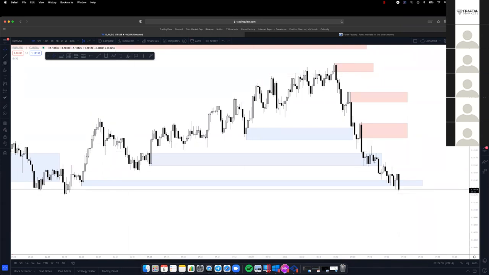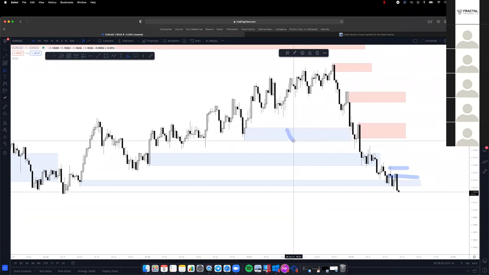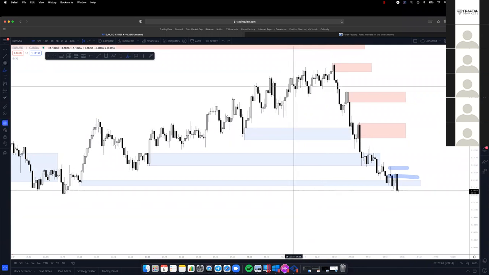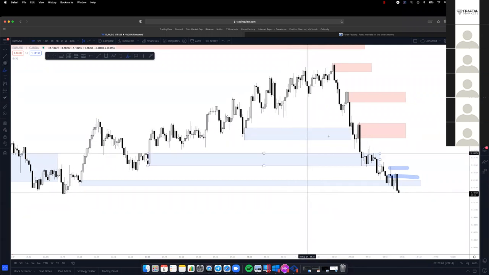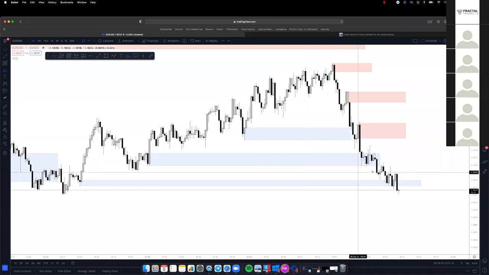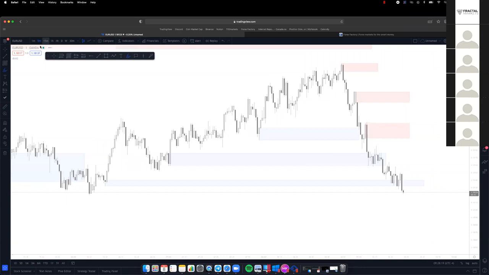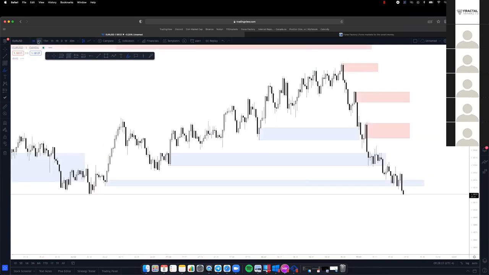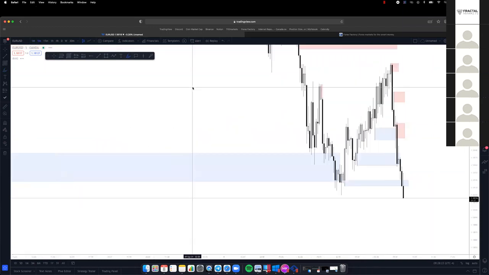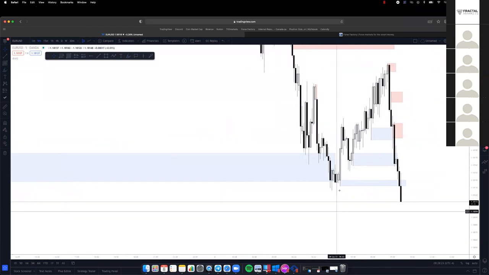Did anybody take this mitigation right here? Can I switch to M5 and confirm? No, I wouldn't consider the wick.